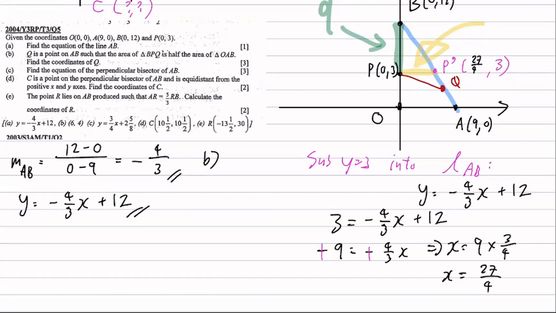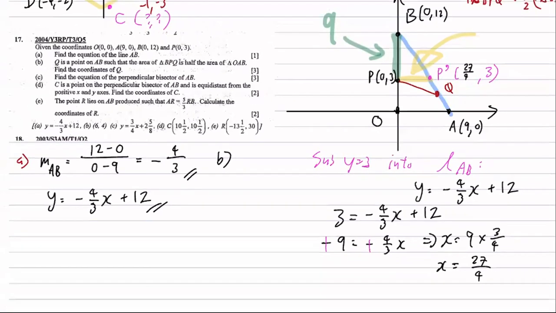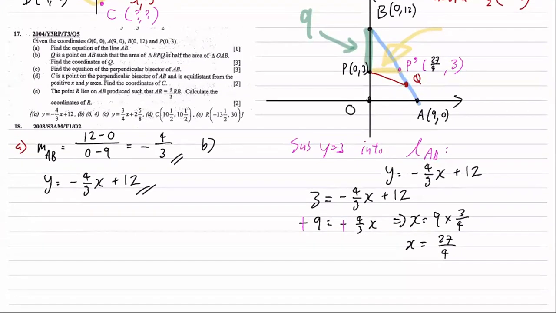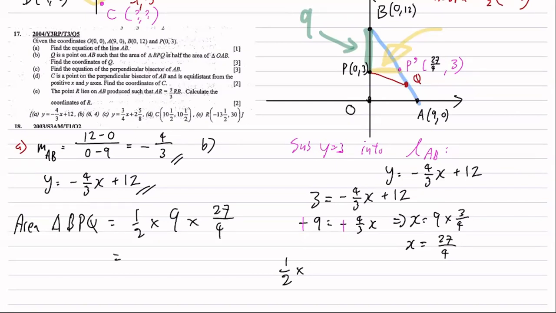Then how do you find the area of the triangle BPQ now? It's just half times base times height. Half times 9 times 27 over 4. Yes, good. Okay, then in that case, what would that be?